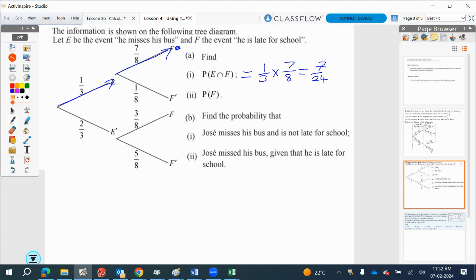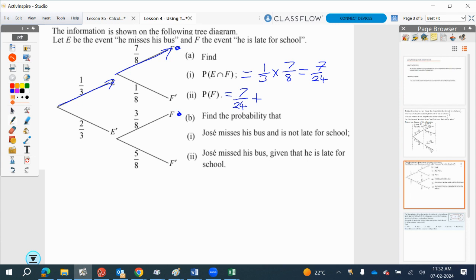Okay, we need the probability of F. So what does F mean? What does the probability of event F mean? That he is late. Is there more than one way that can happen? Yeah. So he can be late if we get to here, but he can also be late if we get to here. So we need this leaf node as well. So the probability of him being late is going to be that one, or this one.